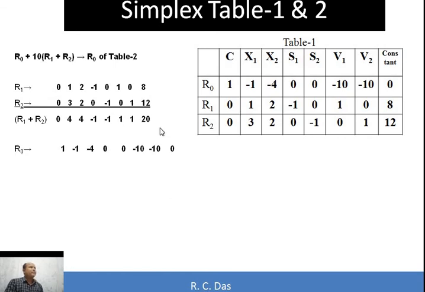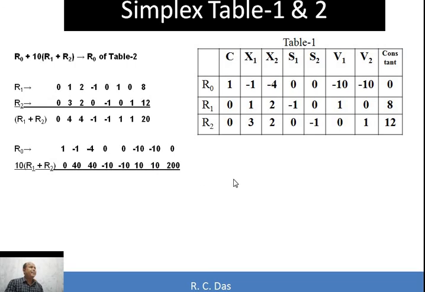Okay, so this is the R0 line, that is row 0, and this is 10 multiplied by R1 plus R2. That means we have to multiply this line by 10, then we'll get 0 40 40 -10 -10 10 10 200.